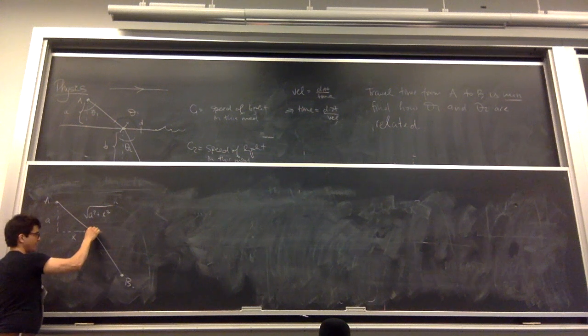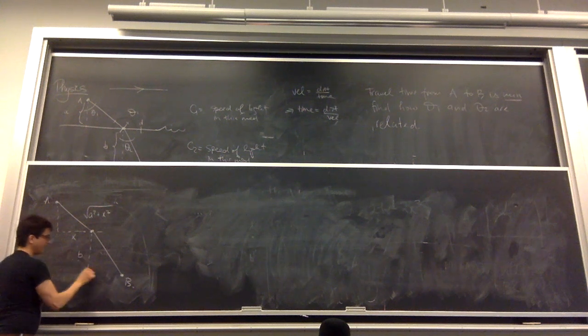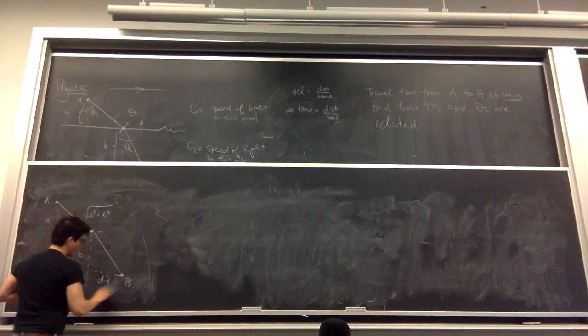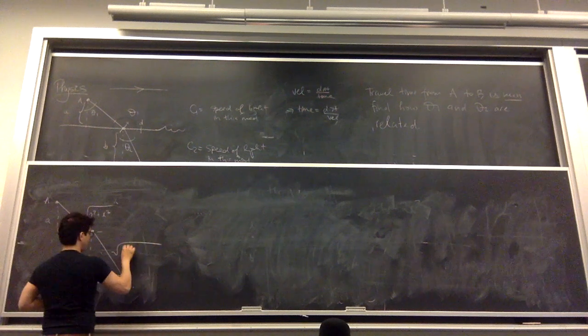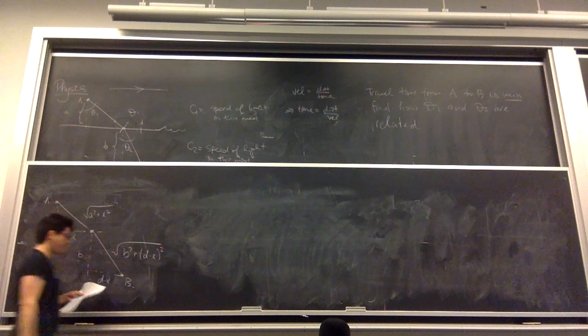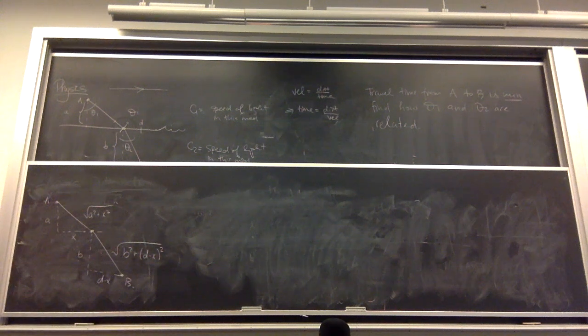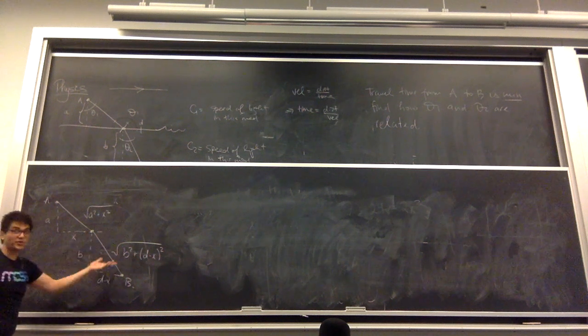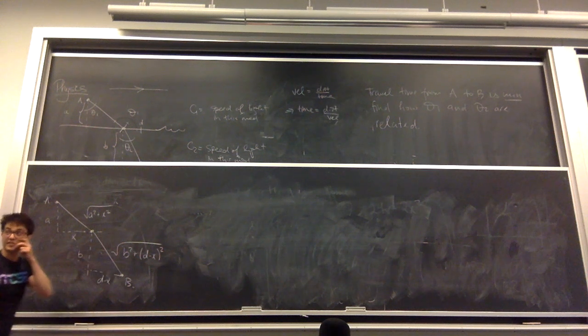This one has height B and then adjacent D minus X, so this is going to be the square root of B squared plus D minus X squared. Do you agree that these are the distances on those lines? I'm just using Pythagoras to pull those. That's not physics or anything.